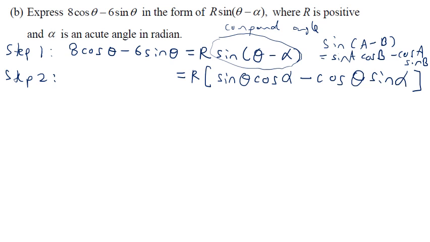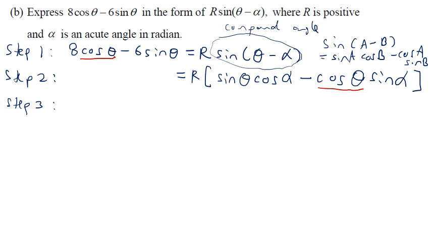And then the most important is step number 3, that is to equate and form equations. So to equate and form equations, we have to compare. Look at the term that has a cos here. The term that has cos is this one, cos theta.